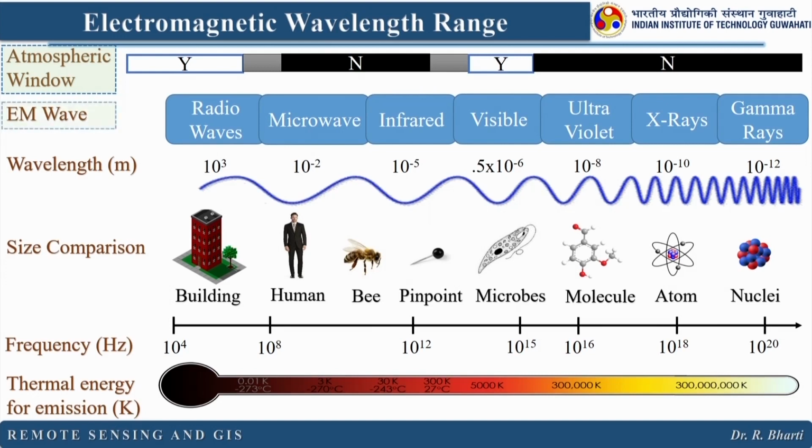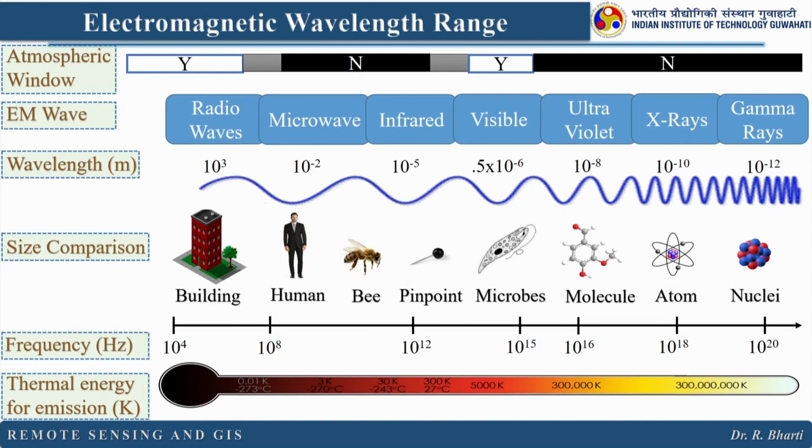And if you see the next information, that is electromagnetic waves. Third one is wavelength. Then size comparison, what kind of information we can get from all these wavelengths. So, starting from a nuclei to a building, you can always use this technology. Then frequency is also related to this, and then temperature energy for emission.